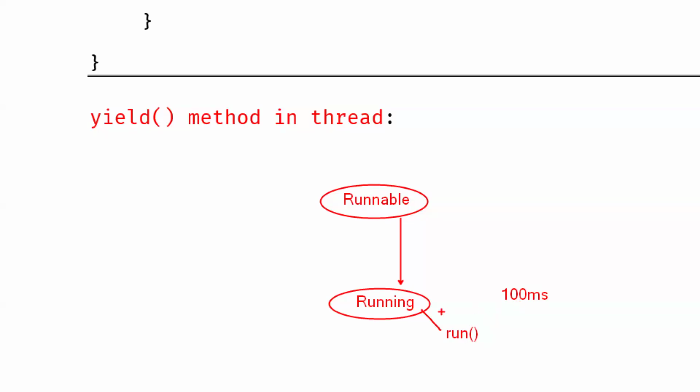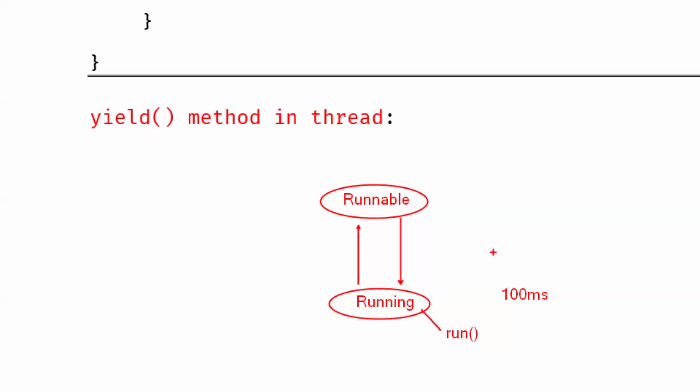How many milliseconds are allocated? Approximately 100 milliseconds for each thread. After 100 milliseconds are completed, the thread will be moved back from running state to the runnable state because time has lapsed.